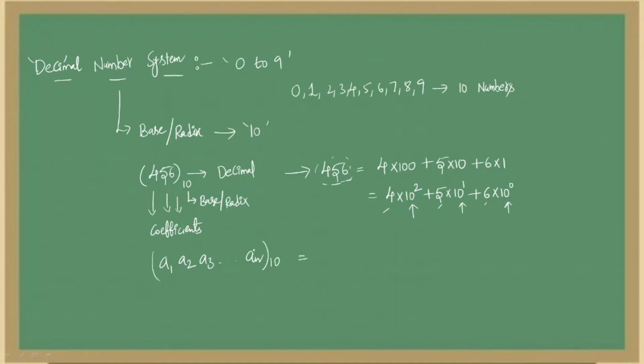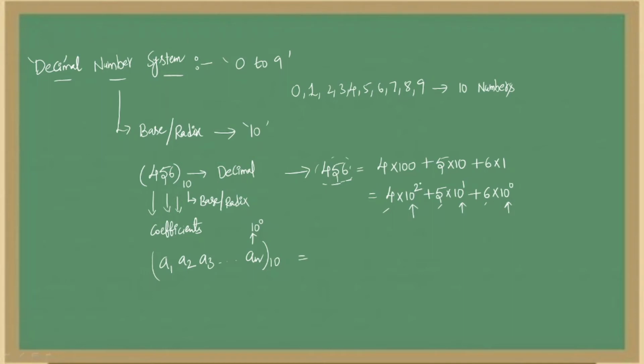Here an is at the ones position, so the power of 10 with which this coefficient must be multiplied is 10 power 0, and a1 is at the highest position. If you observe how many coefficients there are, 3 coefficients, here you are getting 10 power 2.